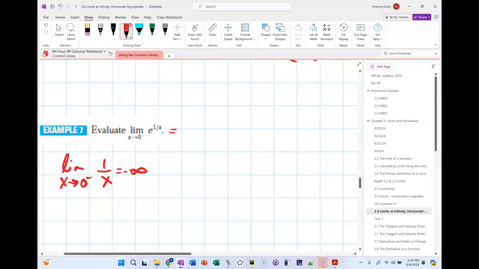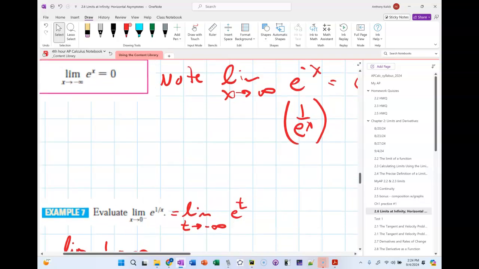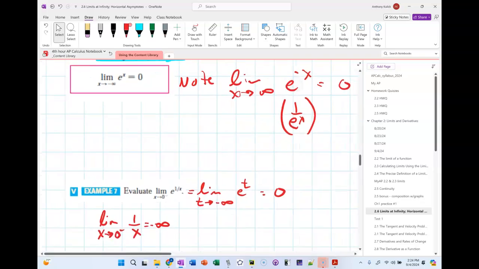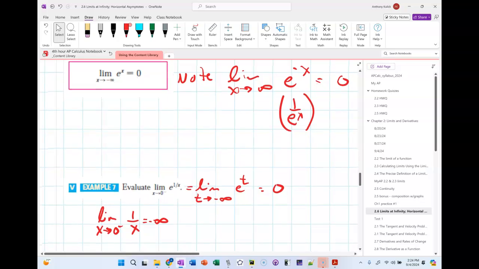So now we'll make a substitution. We're just going to replace the 1 over x with a t and send t to negative infinity. And that now is the exact same thing as that previous statement. So we're just going to 0. I'm trying to use this, so I need to make my exponent not 1 over x, but just regular x.